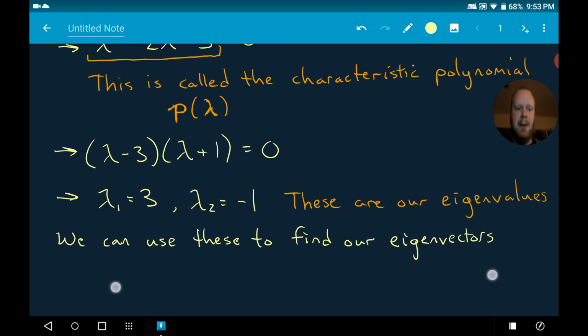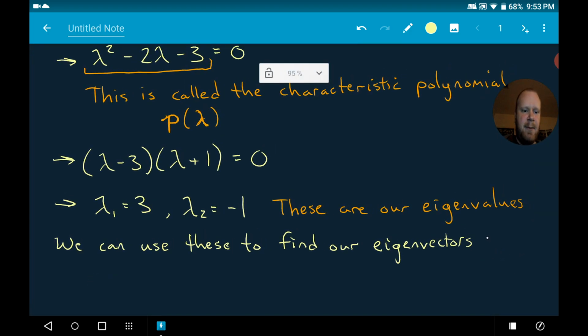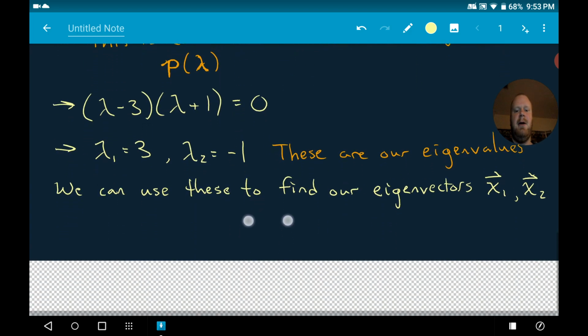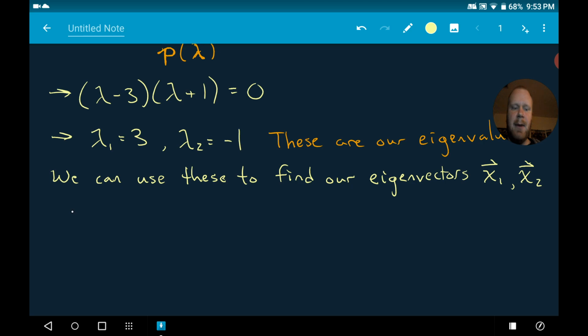And we're going to denote them x1 and x2 vectors. And so 1 is going to correspond with our eigenvalue number 1, and 2 is going to correspond with our eigenvalue 2.